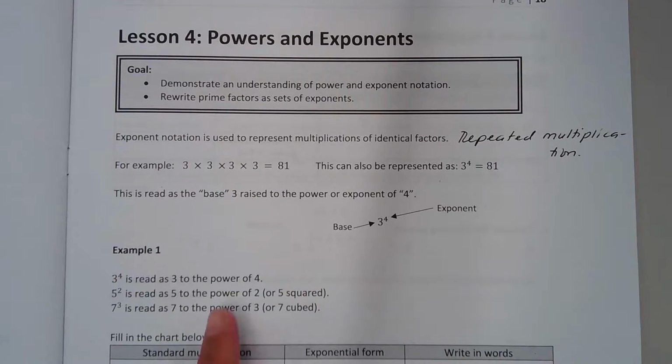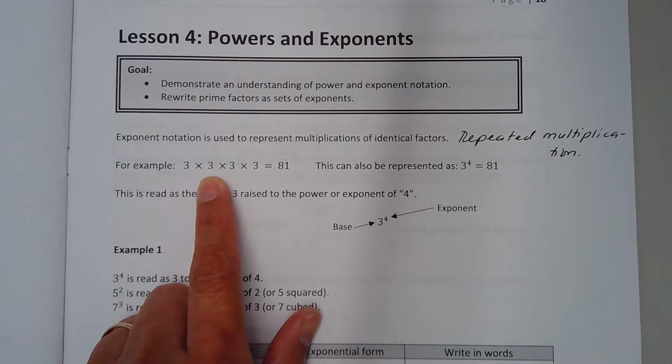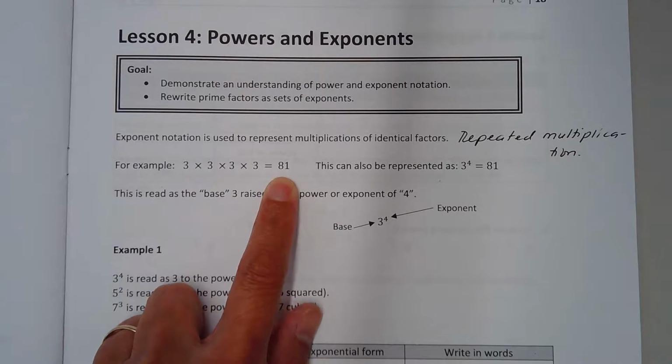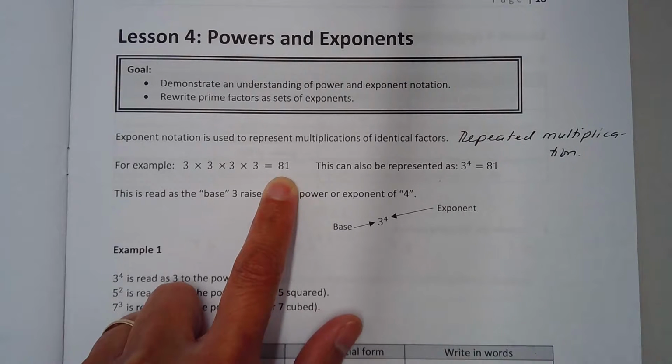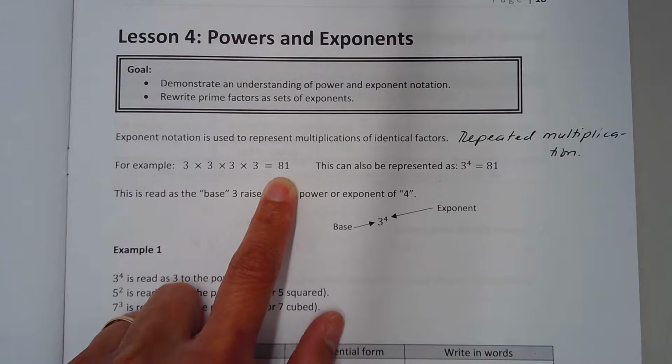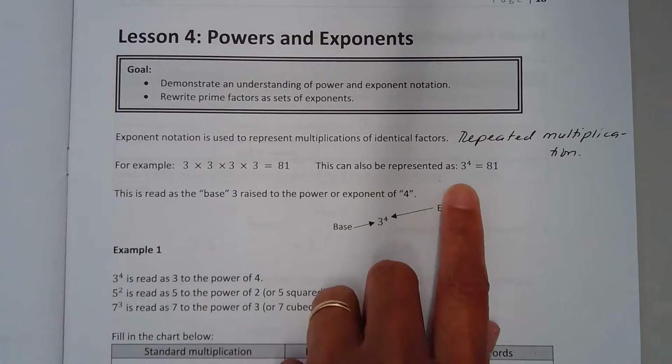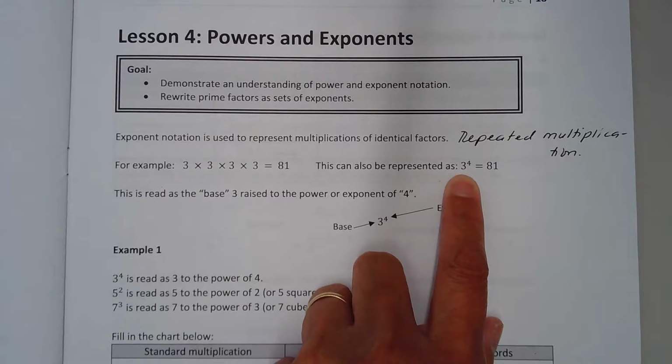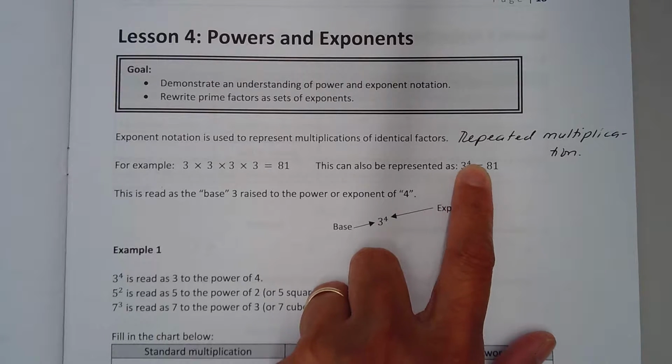For example, 3 times 3 times 3 times 3. That's a long way, right? You're going to get the right answer, 81, but that's a long way. Well, what's another shortcut for that? 3 to the exponent of 4.